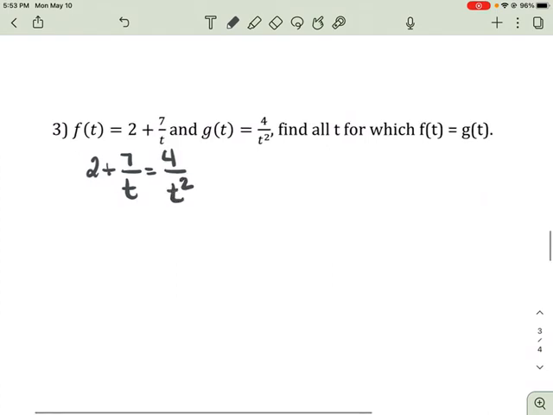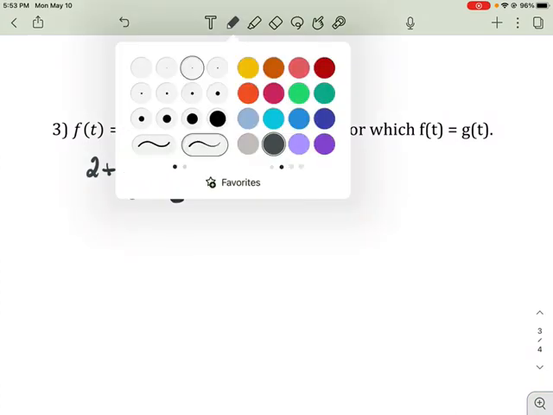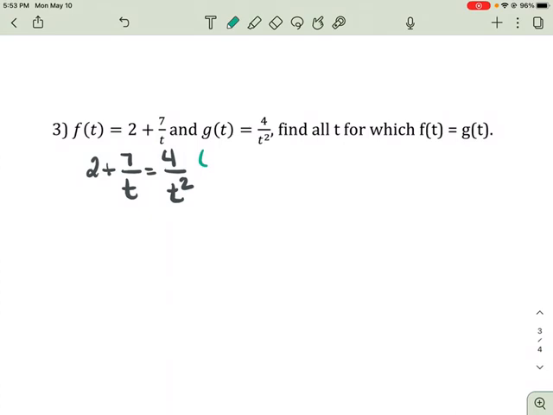This is a great review because we now have a rational equation, which means we're going to find the common denominator and everybody gets one. So everybody is going to get a t squared. Okay, so I'm going to multiply everybody by t squared.